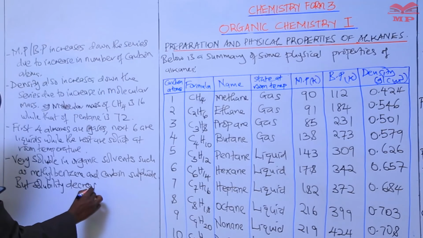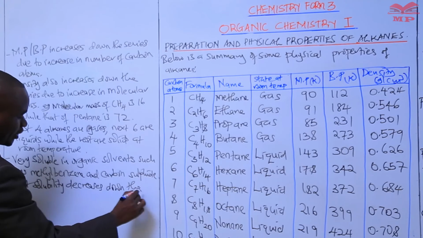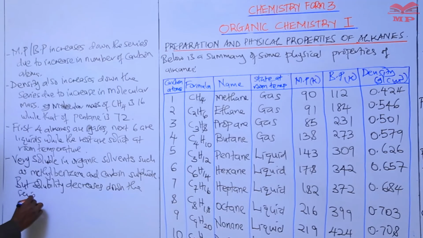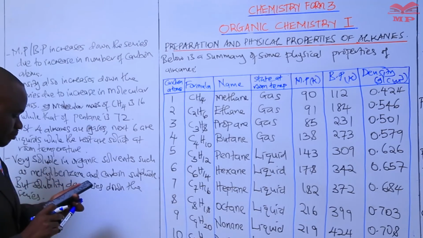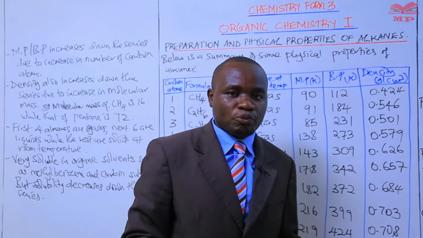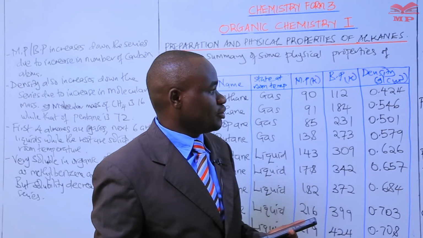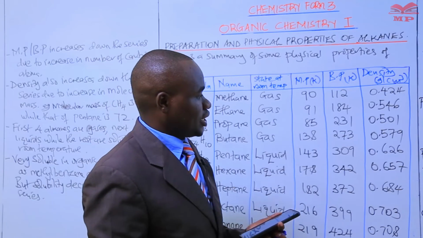Solubility decreases down the series. So these are the main physical properties of alkanes. So we have come to the end of our lesson.